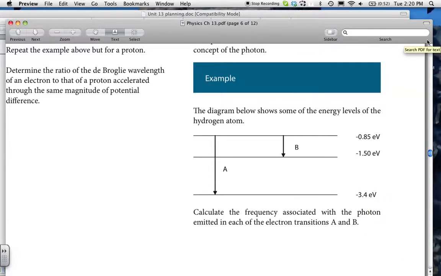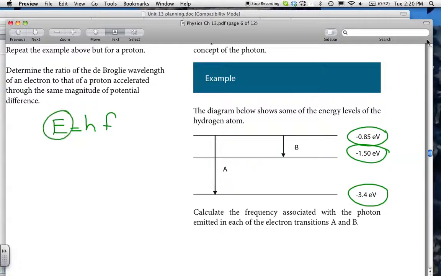Here we have 3 energy levels, and these are the energies. Important that you notice firstly that we are dealing with eV, and the formula we're going to use is E equals hf. But this E, if you're using the regular units for Planck's constant h, is given in joules.